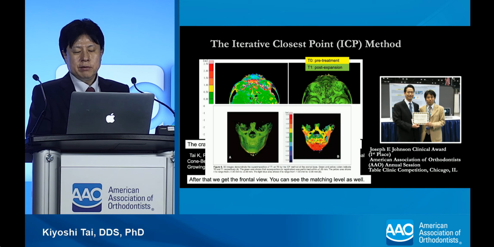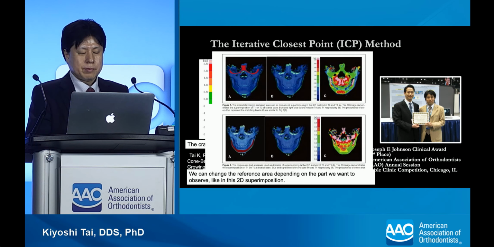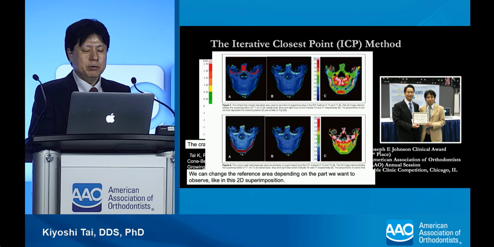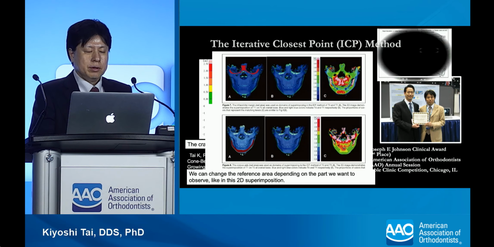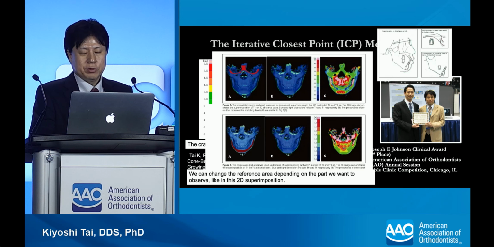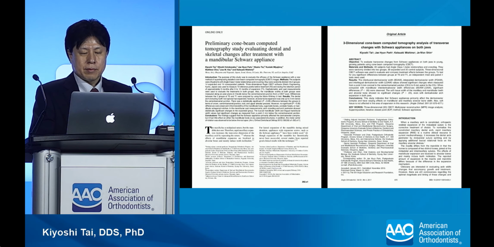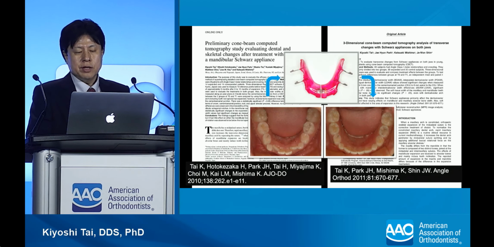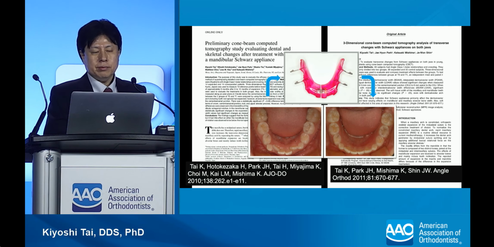You can see the matching level as well. We can change the reference area depending on the part we want to observe, like in this 2D superimposition. We have reported on the effect of the Schwartz appliance using the ICP technique in the AJODO and Angle Orthodontist over 10 years ago.